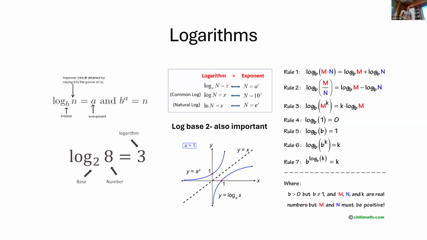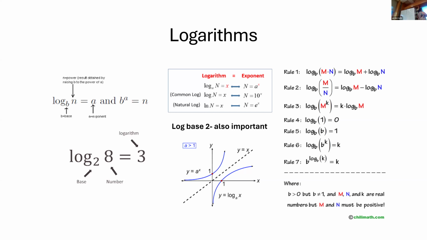Okay, so let me remind you what log means. If we have a number powered by another number, and this equals some number n, so b, for example, is 2, a is 3, and n is 8, then the logarithm is like asking the question: what is the power of the base number that we need in order to get this result?